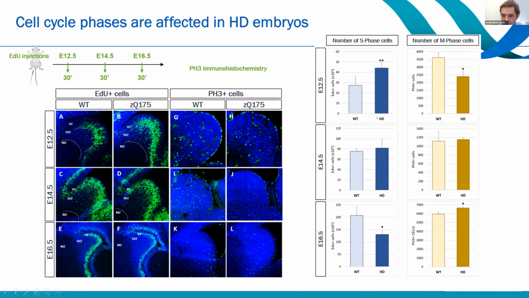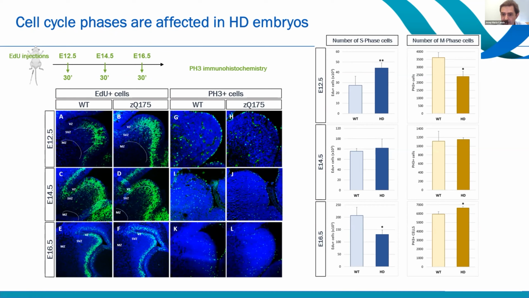And as you can see here, we have compared the wild type and the Huntington disease mouse models, and we observe that there is an increase of S phase at E12 and a decrease of M phase progenitors at E12. However, at E16, we observe the opposite results, and no changes are observed at E14.